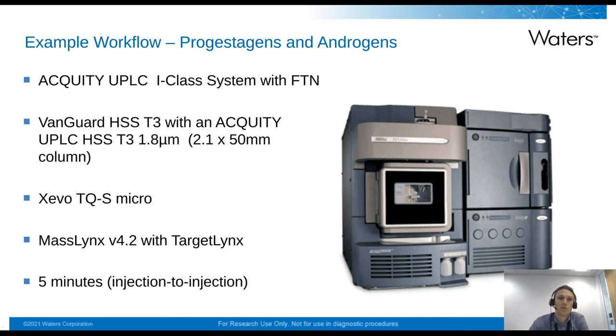Detection was performed using the analytically sensitive Xevo TQS micro mass spectrometer, and a runtime of 5 minutes injection to injection allowed for the analysis of 12 samples per hour. Once data was acquired, it was processed in TargetLynx before statistical analysis was performed using Analyse-it in Excel.